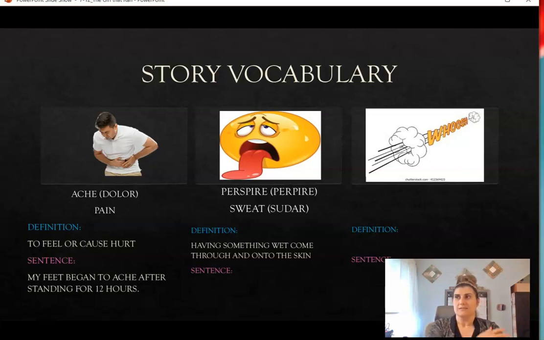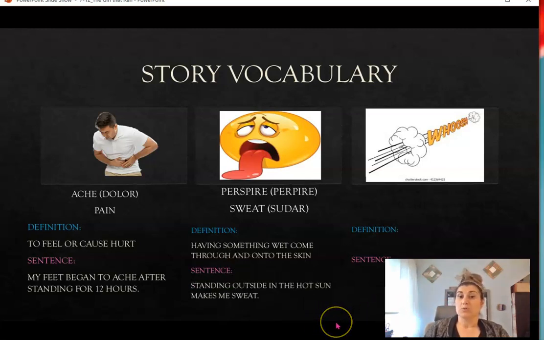So basically you have a watery substance on your skin when you sweat. Okay, that is what your body does to help cool you down. And the sentence that I used, again, you can use mine or you can come up with your own, is standing outside in the hot sun makes me sweat. Don't know about you, but that's what it does to me.